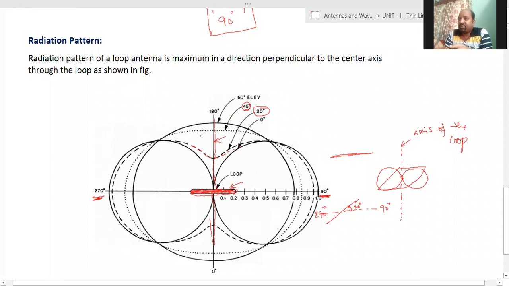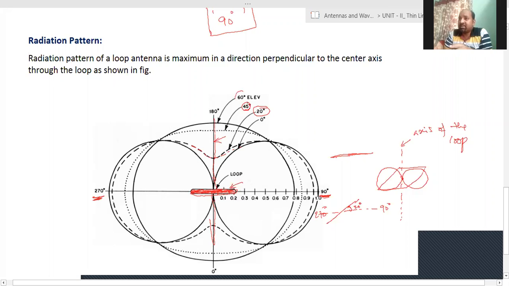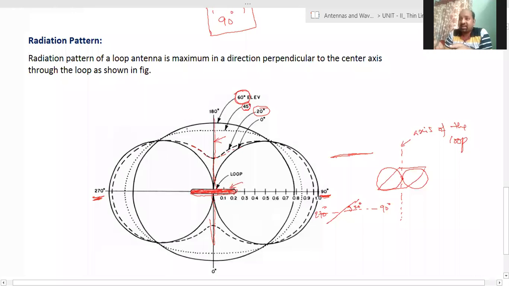And if the elevation angle is 60 degrees, this solid line you can see here is almost a circle, which indicates that it radiates in all directions. That means we have an omnidirectional radiation pattern.